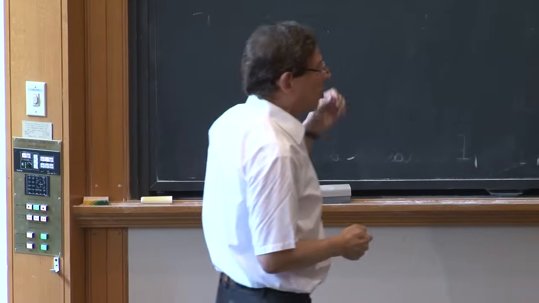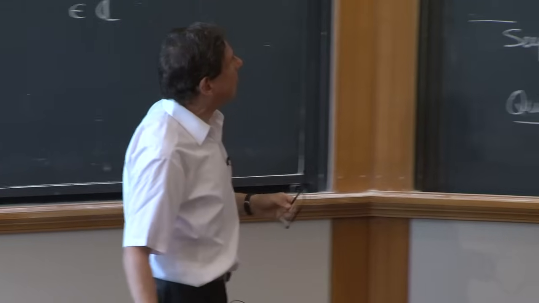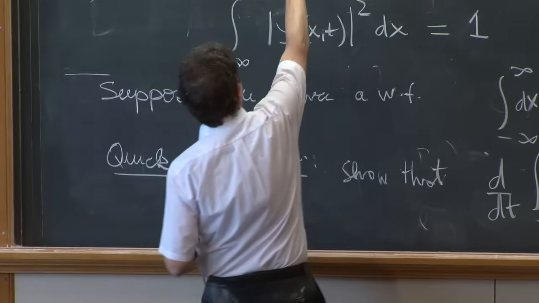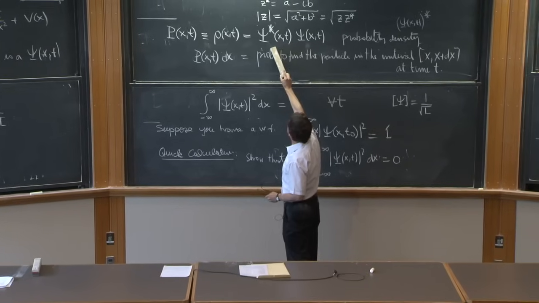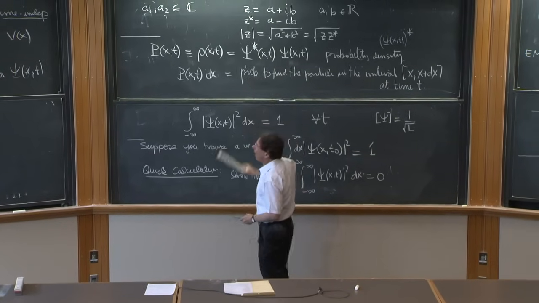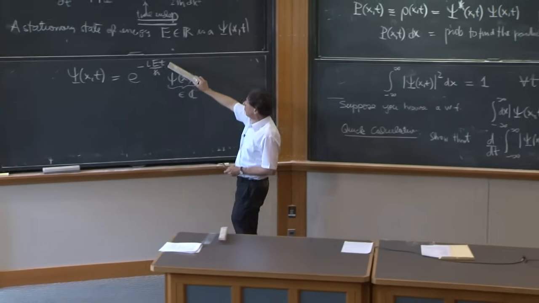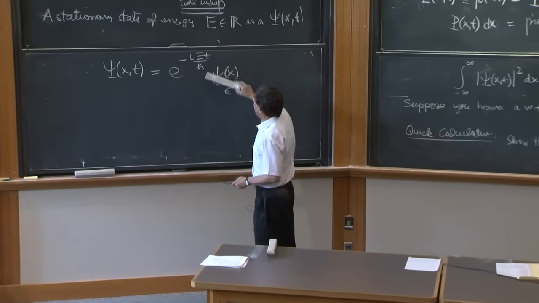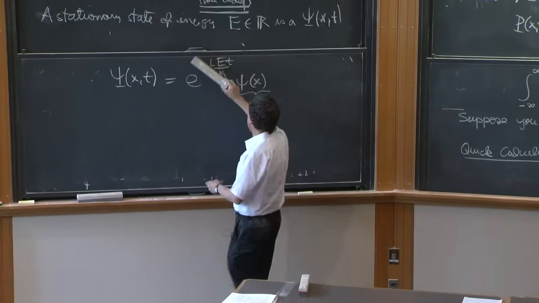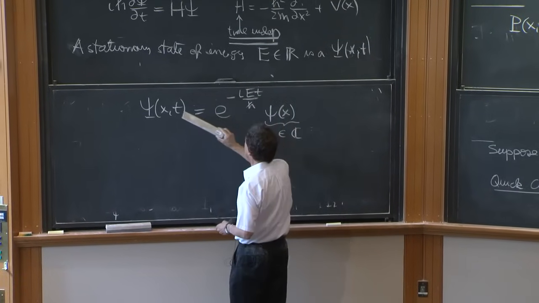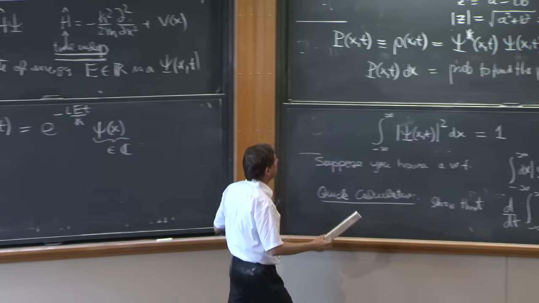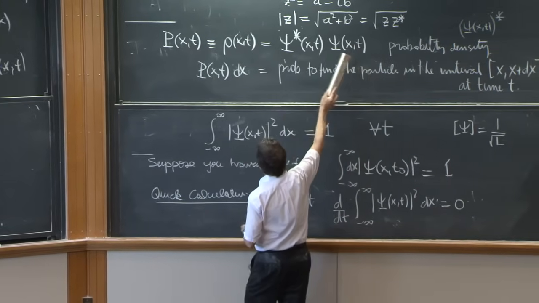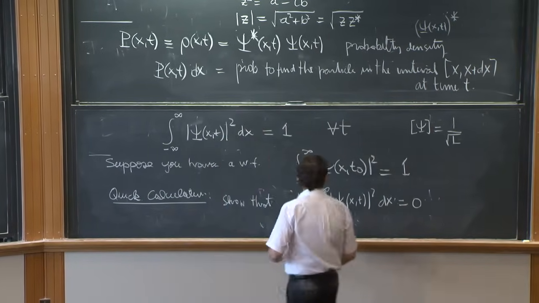In particular, one thing that is observable is the probability density. When you look at that, you have psi star times psi. Since E is real, this is really a phase, and it cancels. Therefore, in psi star psi, all the time dependence cancels and goes away.